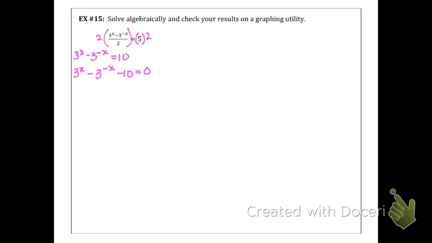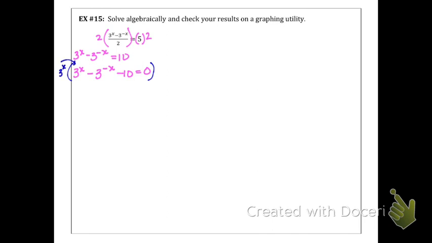Now, just like before, I want to make this first term here be a 3 to the x squared, because I see I have a 3 to the x thing going on here, okay? So I need to multiply everything by 3 to the x. So multiply every single term here by 3 to the x.